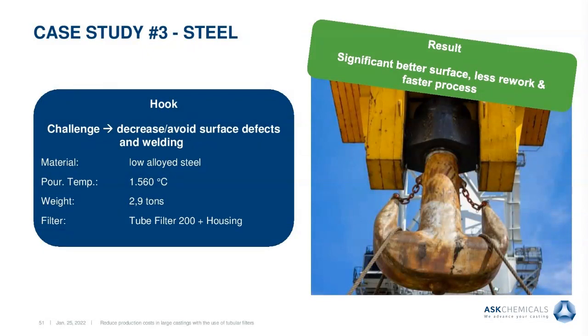That was the challenge we had to solve: avoid surface defects at welding. We could reach that by implementing only one tube filter, 200 tall, plus housing, and we could make this manufacturing process much safer for the foundry.